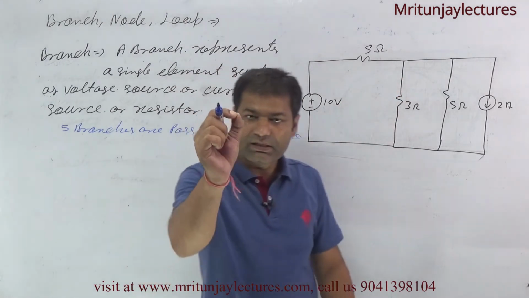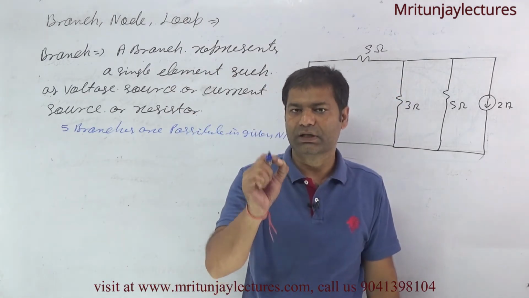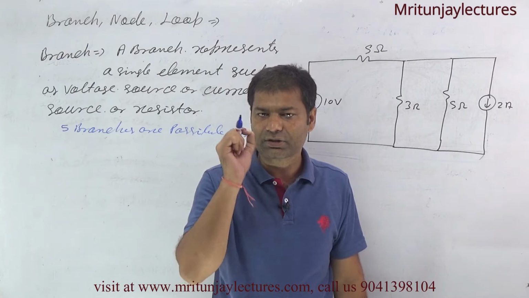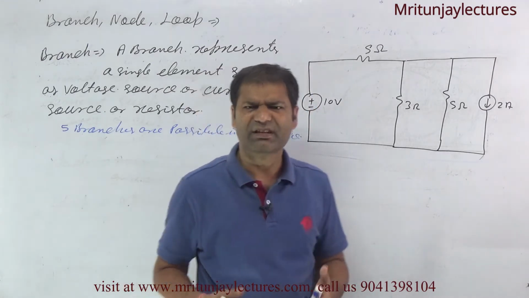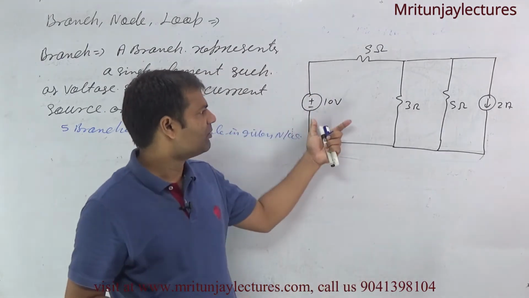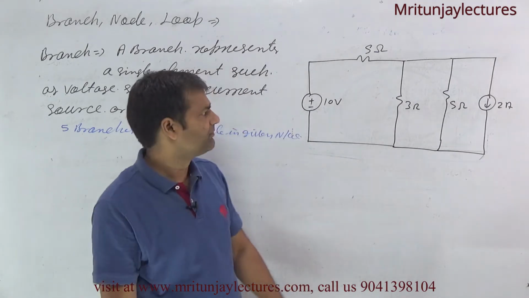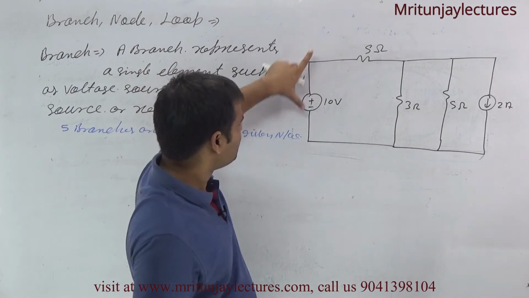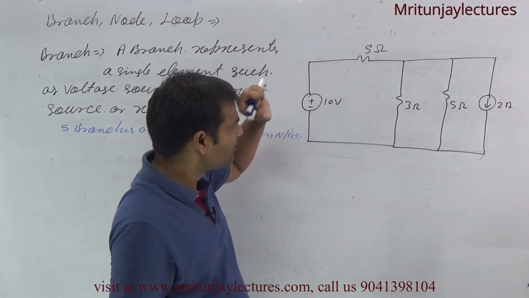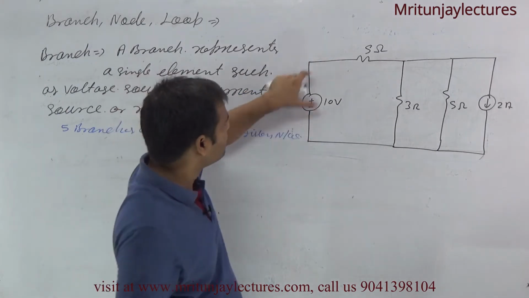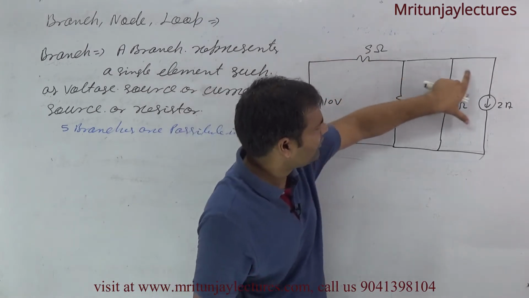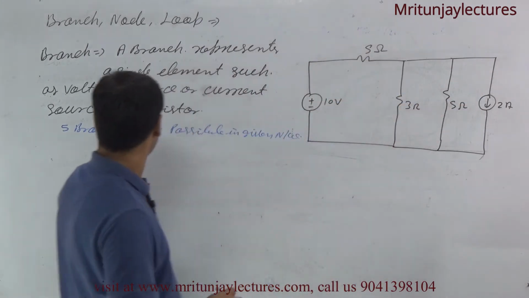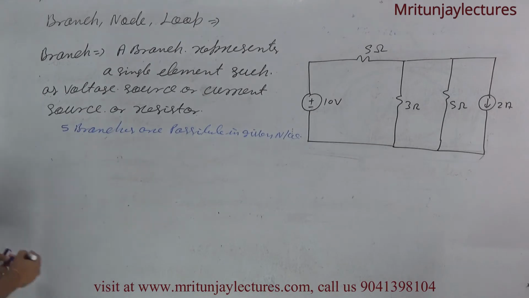Branch means a single element, like a resistor, inductor, capacitor, or a voltage source or current source. So in the given network, how many maximum possible branches? 1, 2, 3, 4, 5. Maximum branches are 5. Clear? Now next one, node.